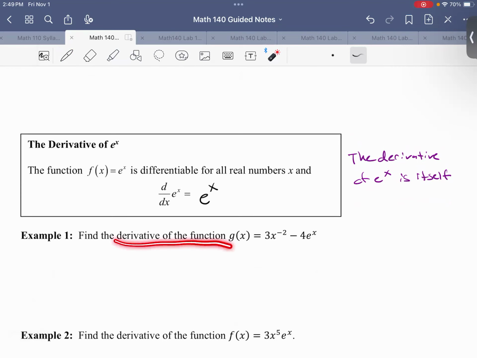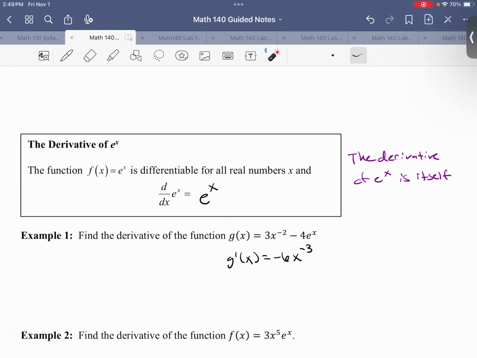Find the derivative of the function g of x equals 3x to the negative 2 minus 4 e to the x. The derivative of this uses the regular power rule on the first term. This would be negative 6x to the negative 3.